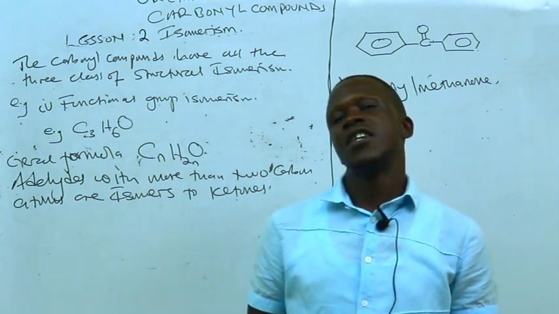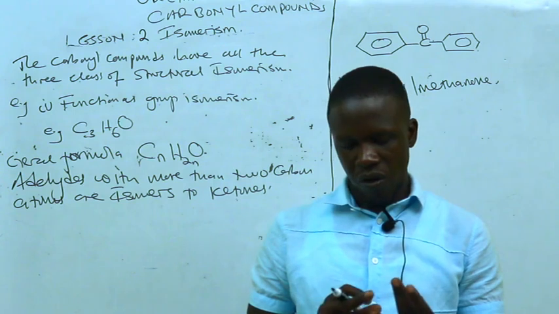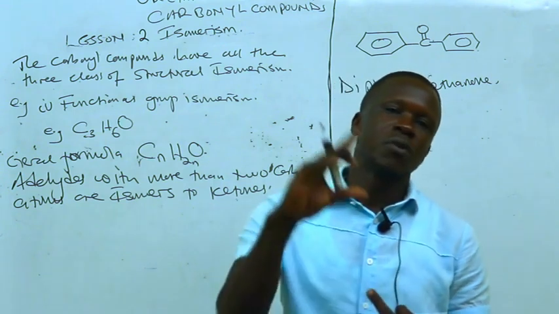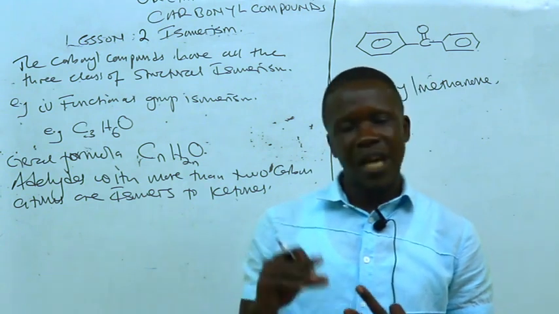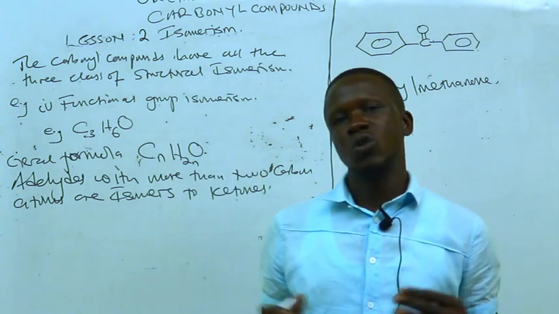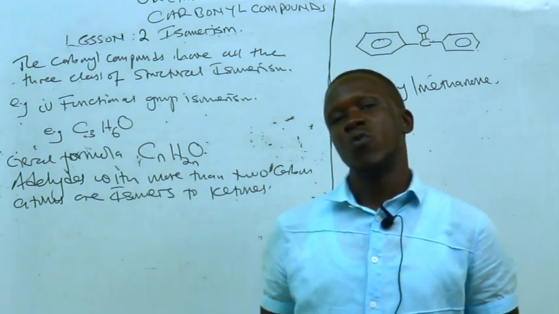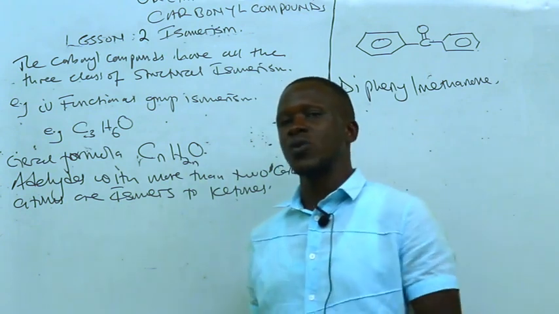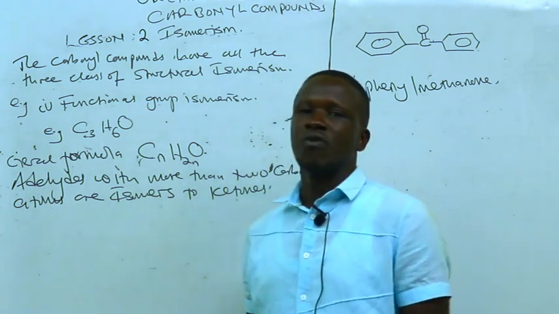And in that case, it means that for 1 carbon atom, 2 carbon atoms, we can only have aldehydes. But we are saying aldehydes with 3 carbon atoms and above, that is more than 2 carbon atoms. Whenever you write their structure, just expect there is a corresponding ketone with that very general formula.